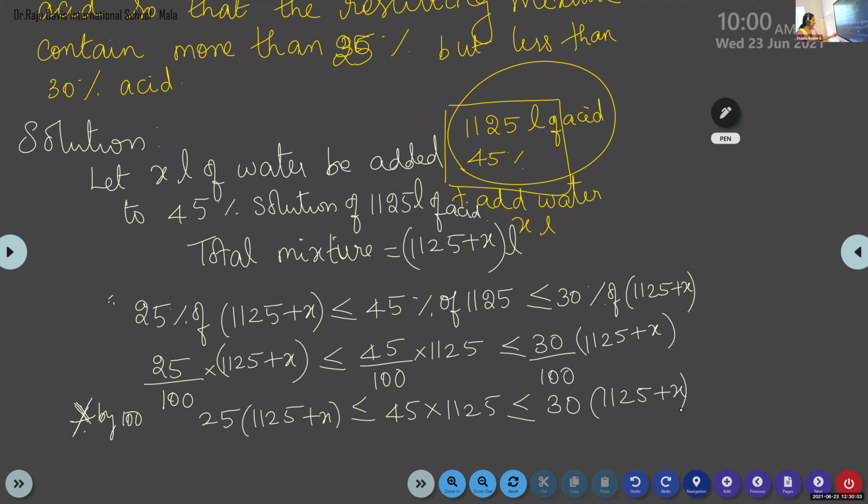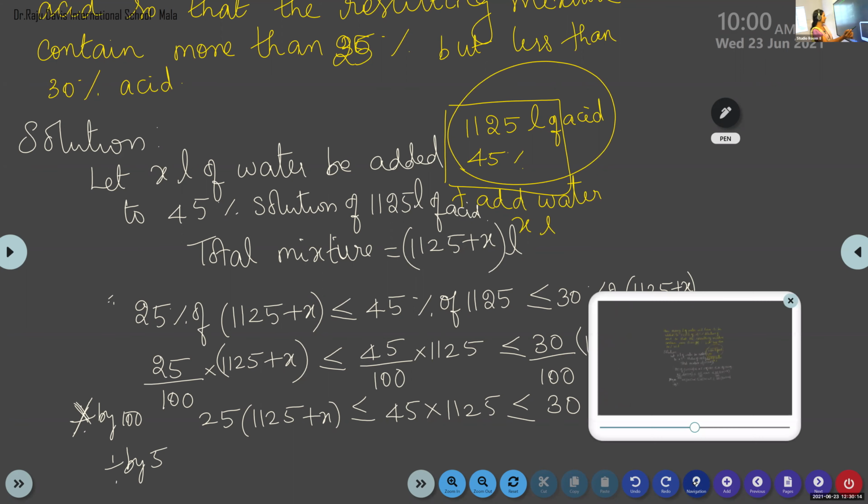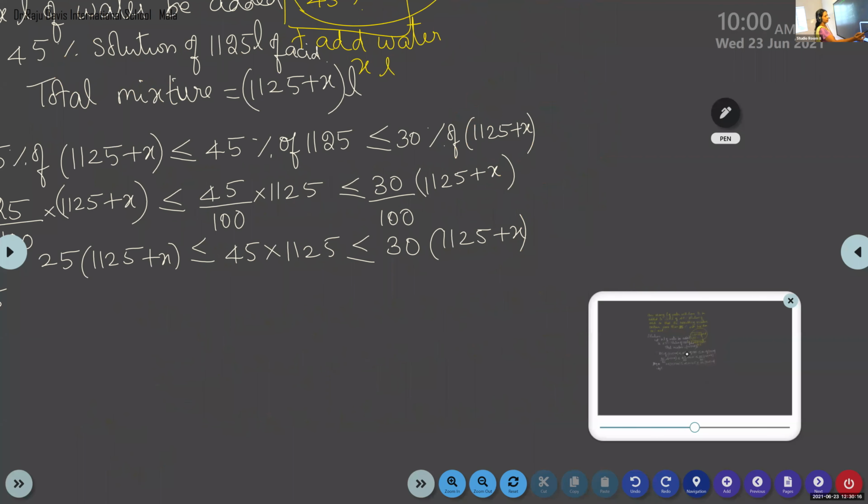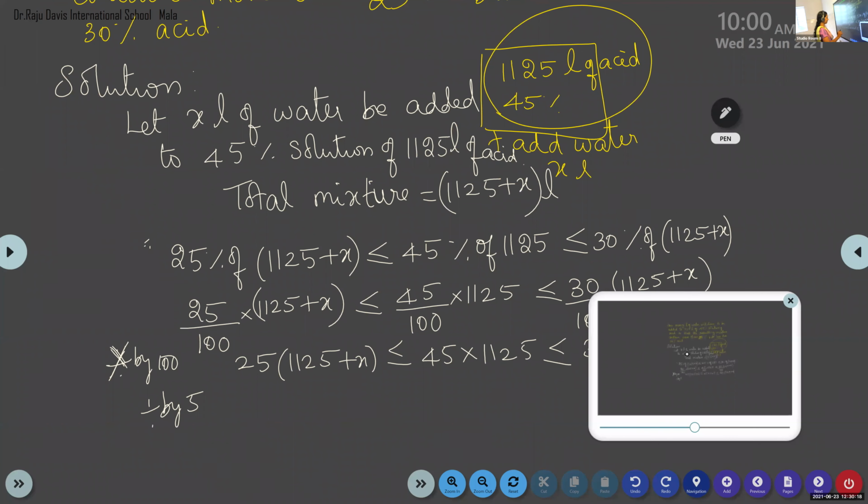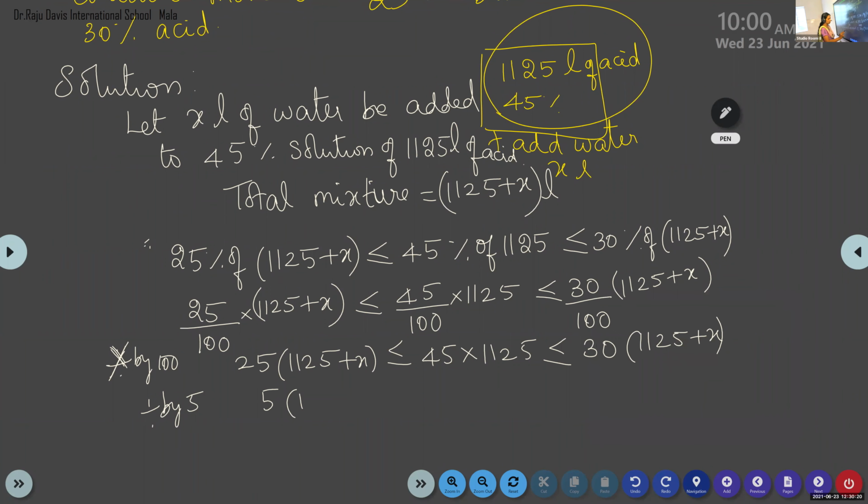Again look here, in the front we have multiples of 5. Again you can divide it by 5. When you divide by 5 throughout, we get 5 into 1125 plus x less than or equal to 9 into 1125 less than or equal to 6 into 1125 plus x.